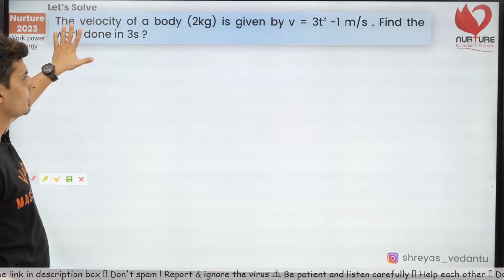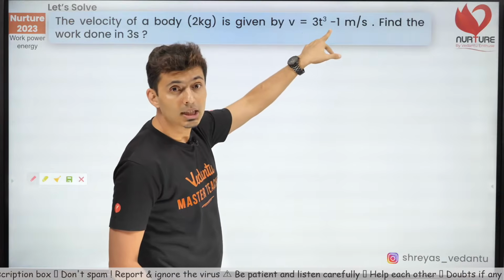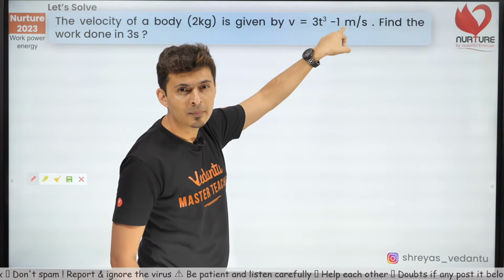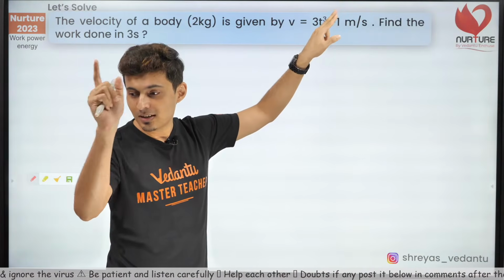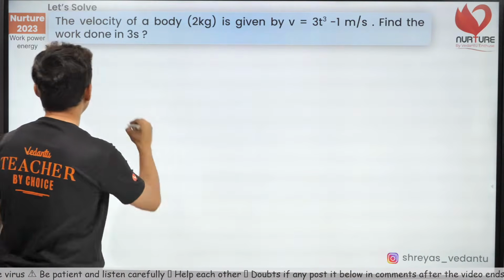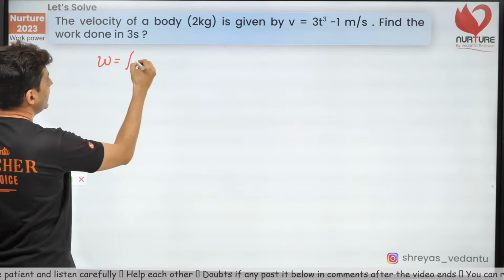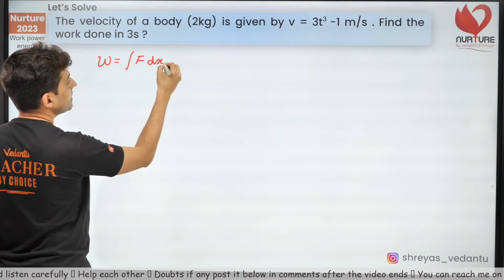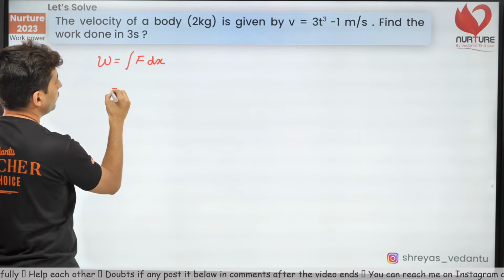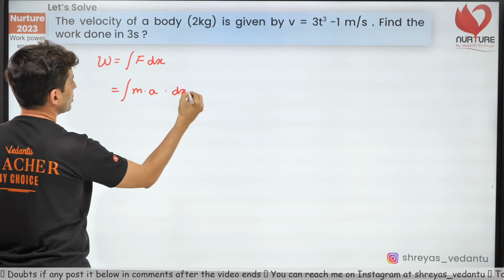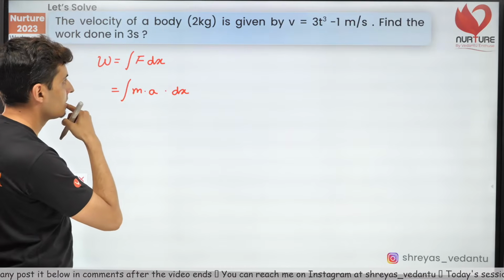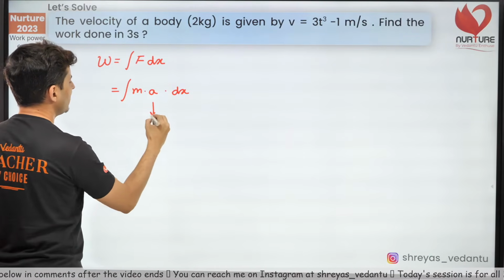Find the work done. Oh, interesting. Velocity is a function of time. Guys, whenever velocity is a function of time, you need to find out displacement, because remember, work was integral F dx. Now, how do you find out force? Force is mass into acceleration. Acceleration, you'll say, is dv by dt.